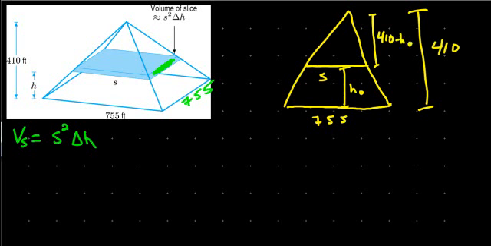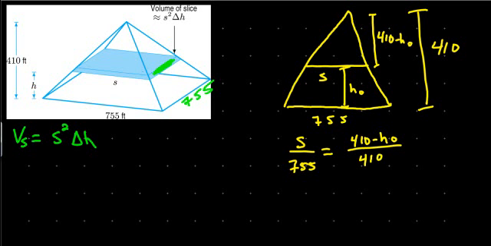And then we can use our similar triangles to get s over 755 equals what, 410 minus h naught. That's my height over 410.